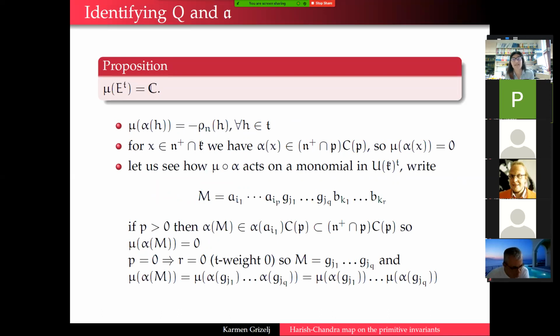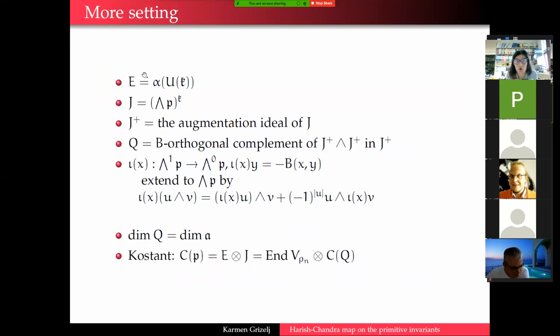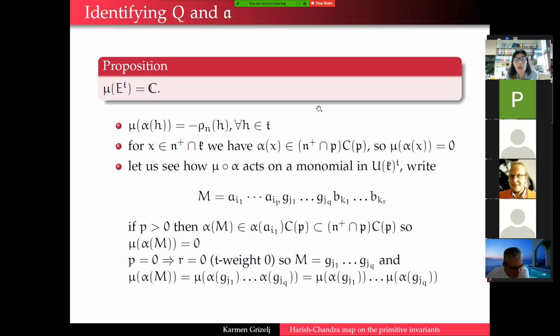Well, since we're only looking at K invariants, which will be a subset of T invariants, we first want to see that the T invariant part of E, so this image of alpha, are just constants.